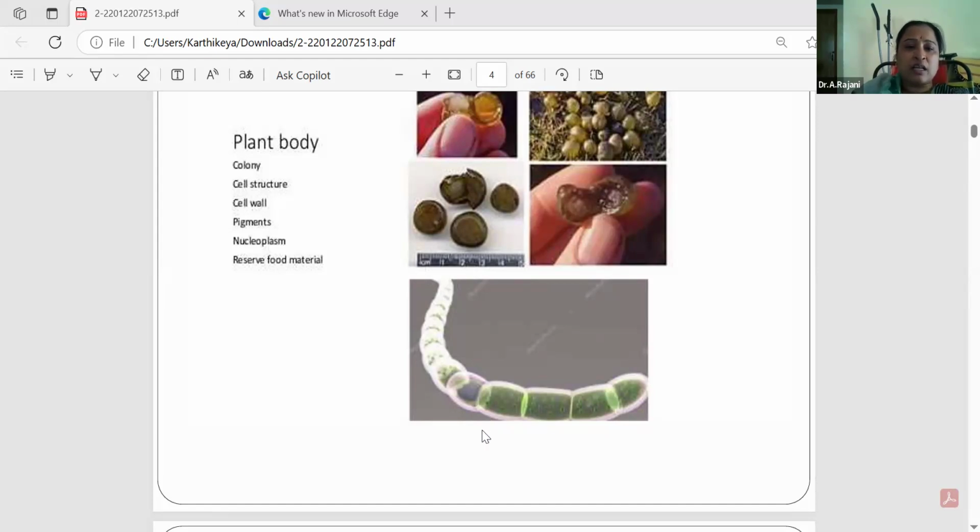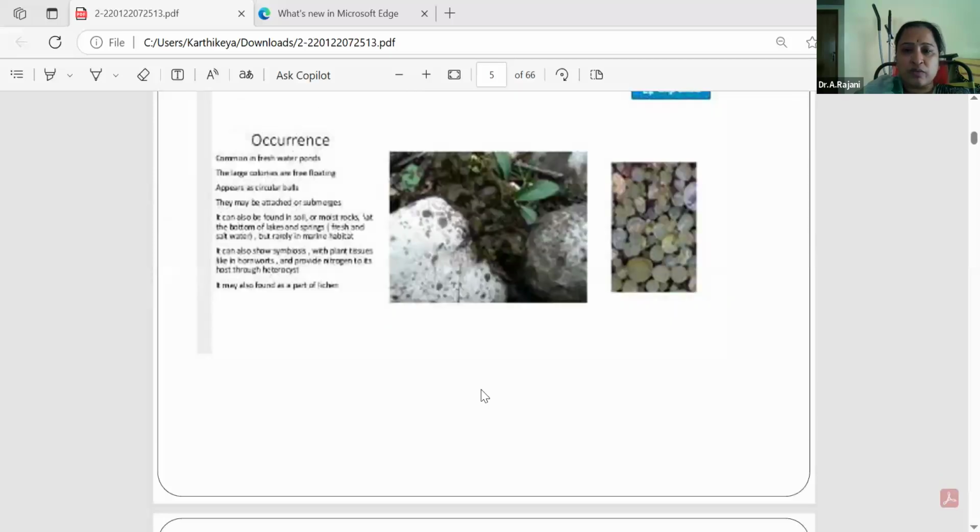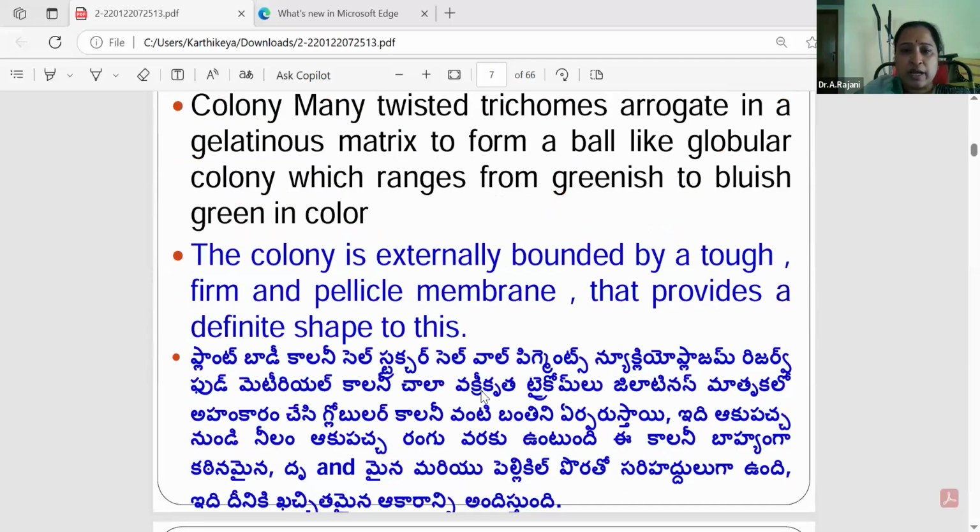Each and every Nostoc cell is cylindrical or spherical in shape. Among the filaments, some cells are large, spherical or cylindrical, colorless and empty. These are called heterocysts. You can observe the heterocyst in the picture.